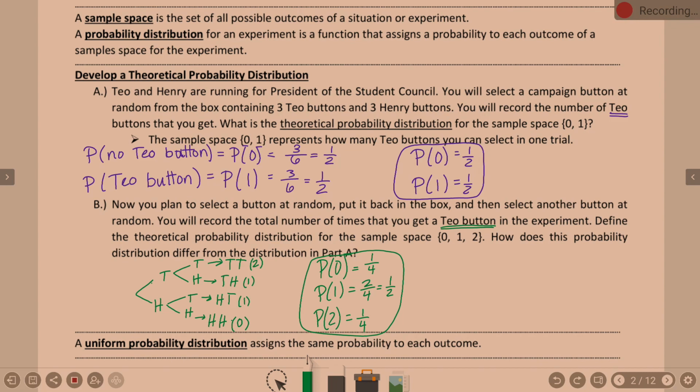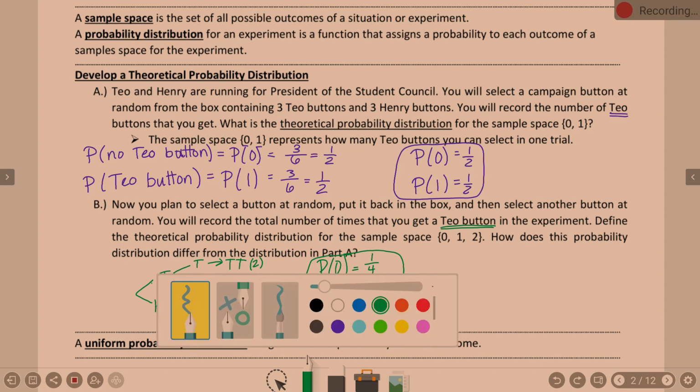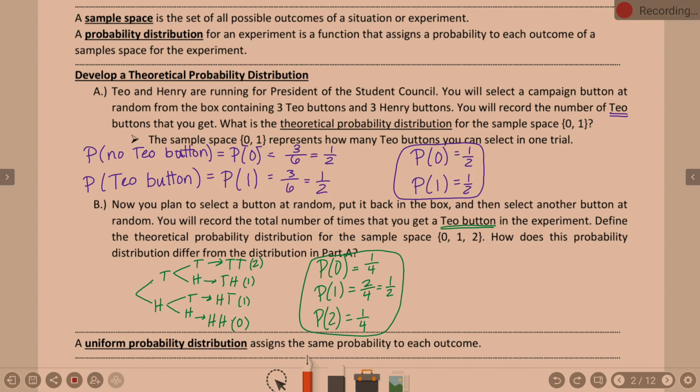Now, the question is, how does this probability distribution differ from the distribution in part A? What do you notice in part A? They're the same. What do you notice in part B? They're not the same. They're different. So I'm going to use the words, part A was uniform, as in all the probabilities were the same. Okay, so our probability was evenly distributed amongst all options.